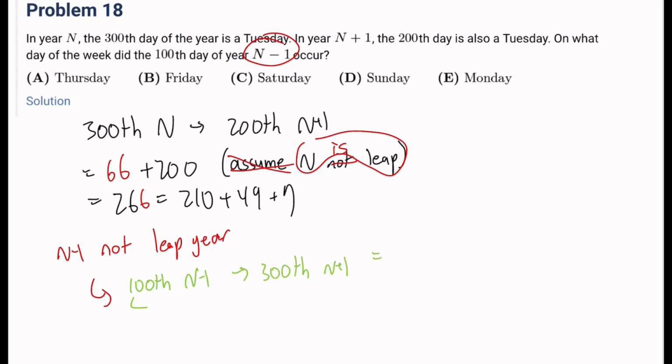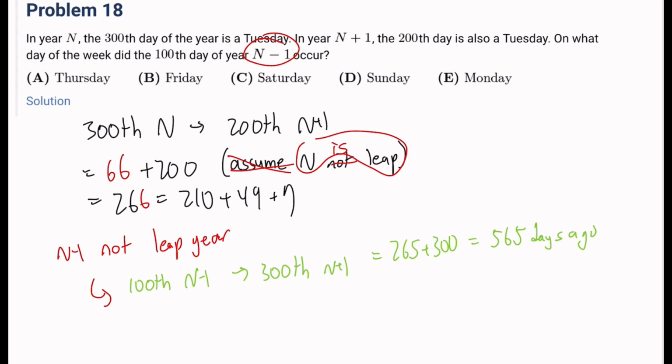This equals from the 100th day of n minus 1 to the last day of n minus 1. That's 365 minus 100, that's 265, and then we have 300 more, plus 300. This equals 565, right? So that was 565 days ago, right? So the 100th day of year n minus 1 occurred 565 days ago.